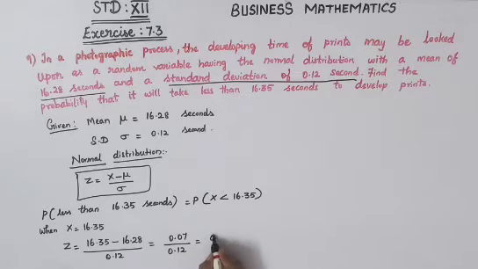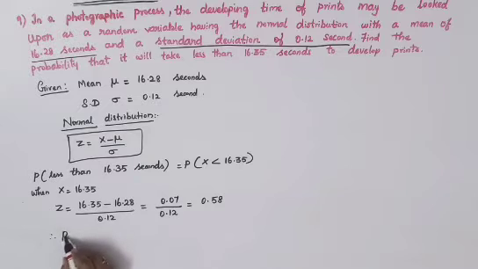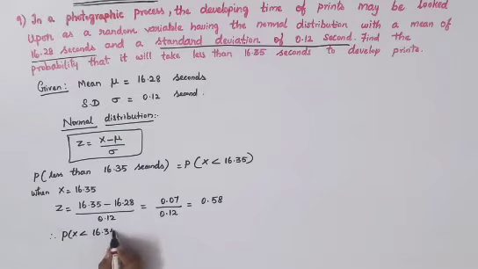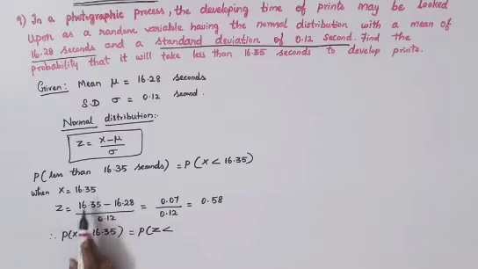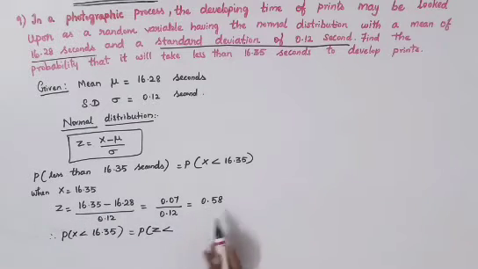The final answer will be 0.58. Therefore, P of x less than 16.35 we can write as P of Z less than, with the less than sign as it is. When x is 16.35, Z is equal to 0.58. So instead of 16.35, you write 0.58.